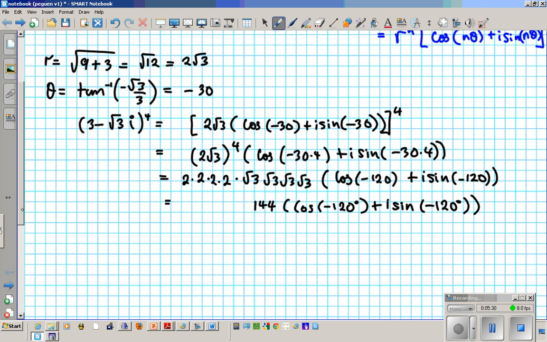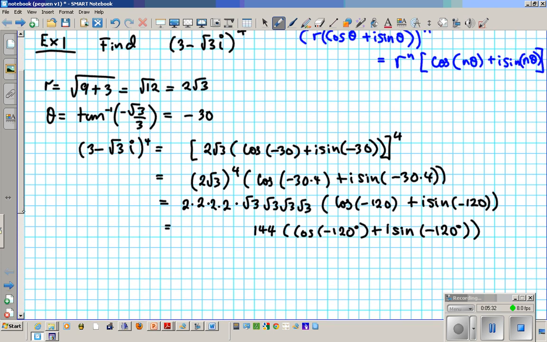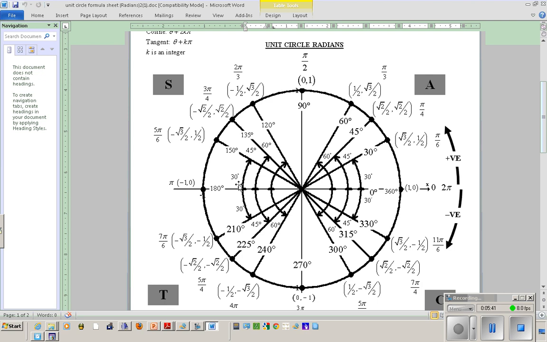What if I wanted to write this in radian form? We'll look at the unit circle. 120 degrees is 2 pi over 3, so negative 120 is negative 2 pi over 3.